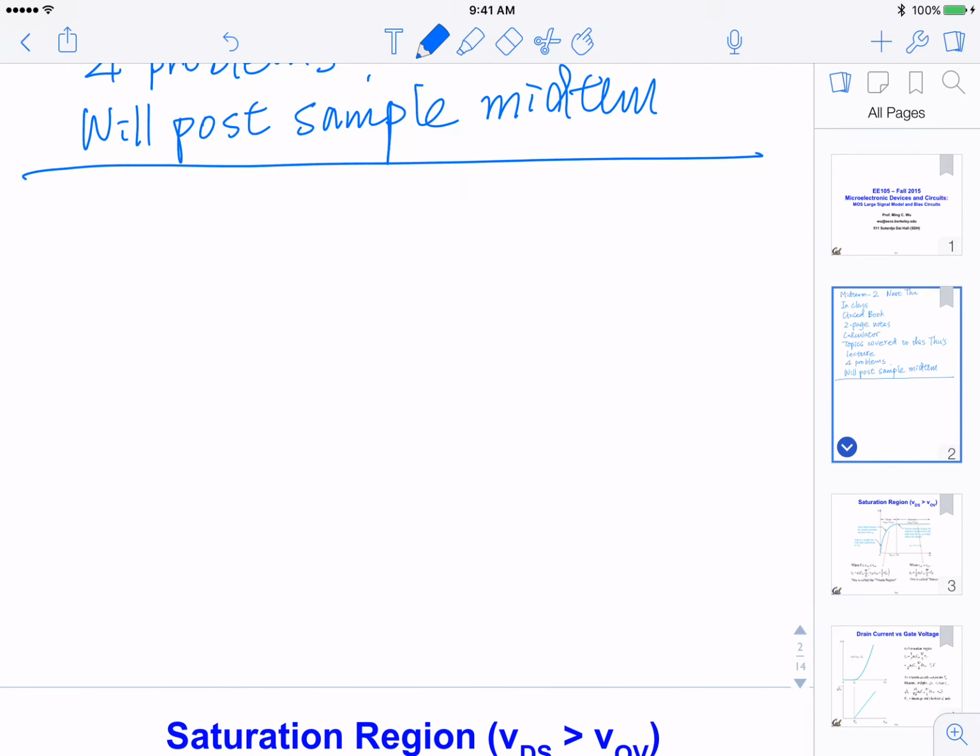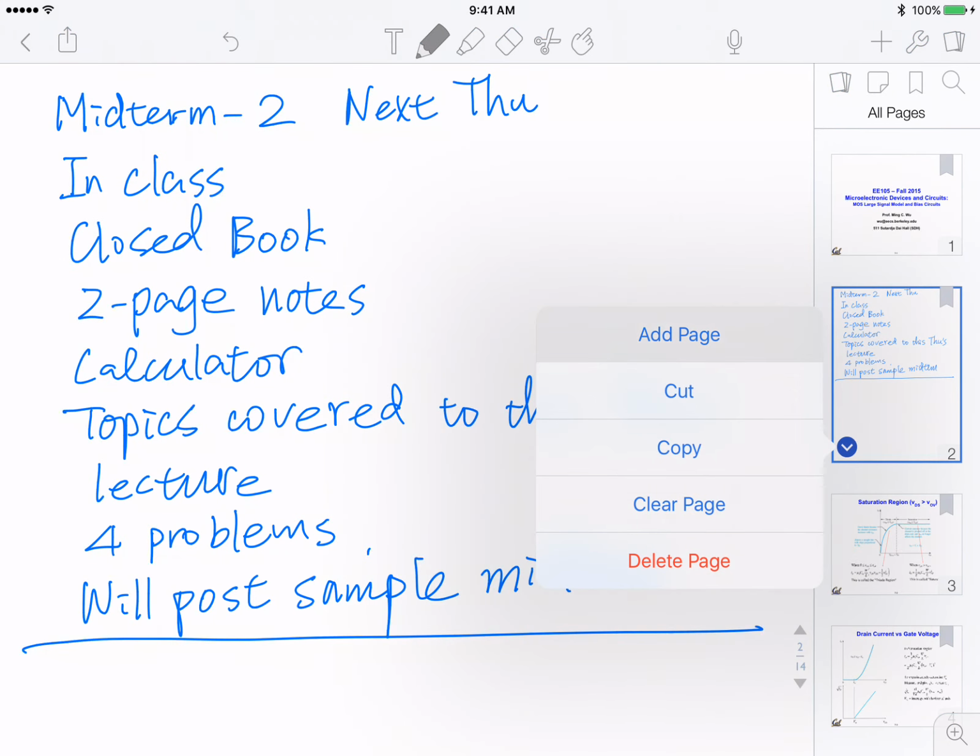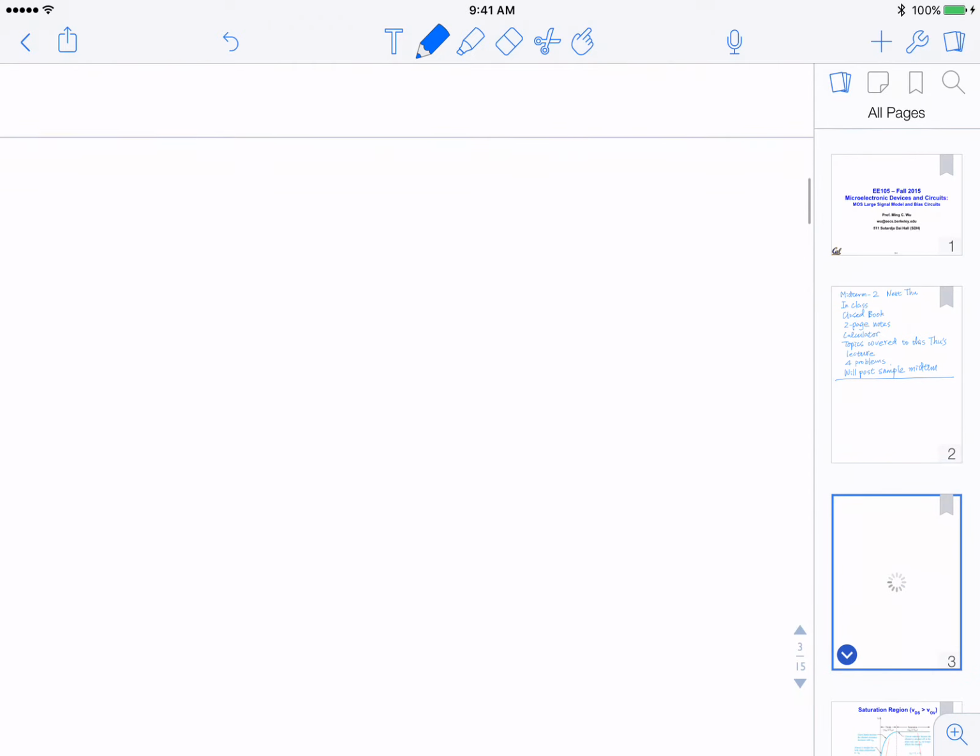So we talked about the transistors last time, so I'd like to spend some time reviewing what we have talked about.